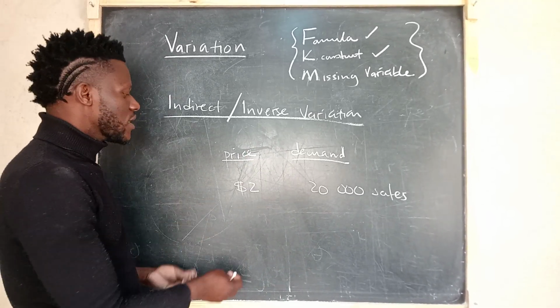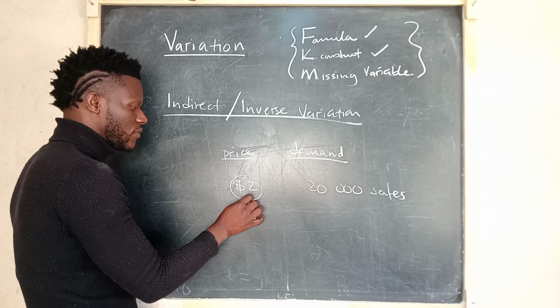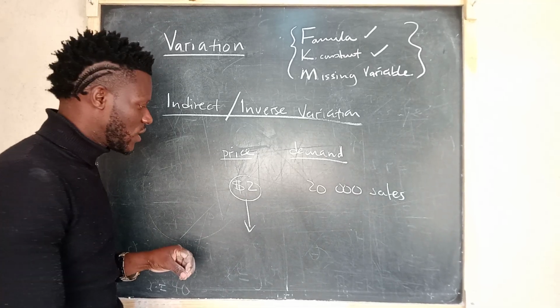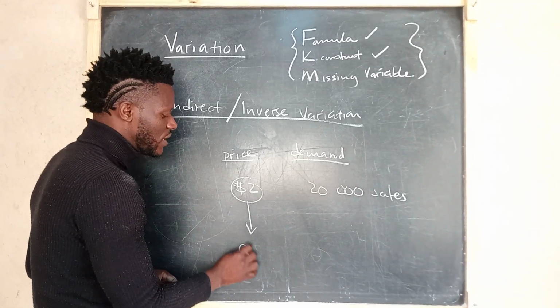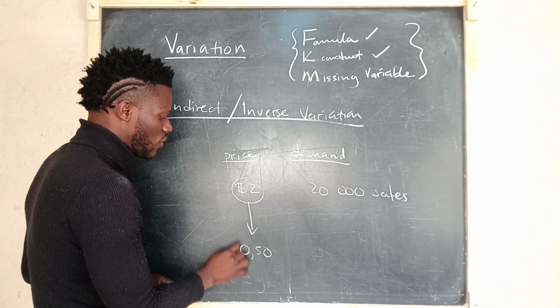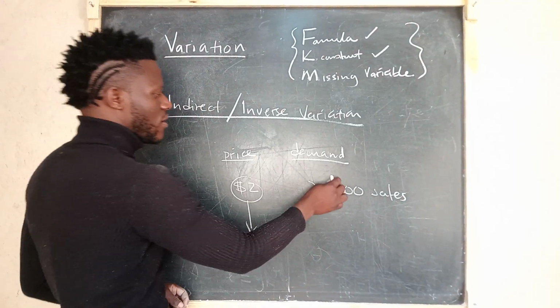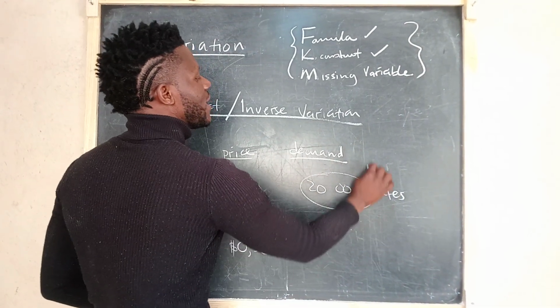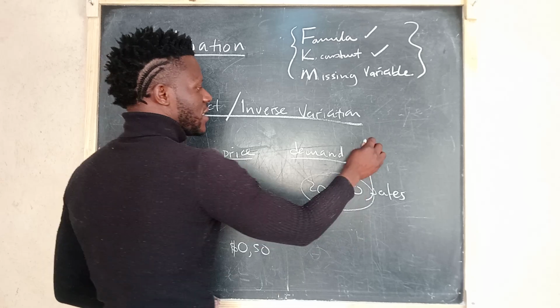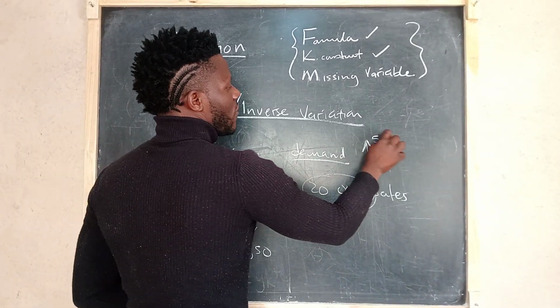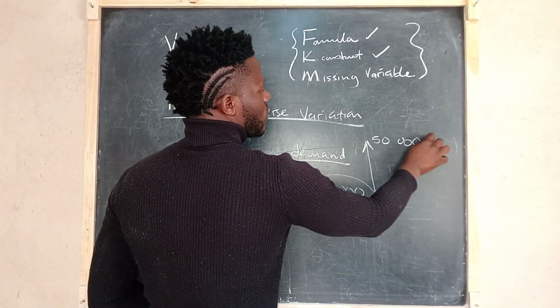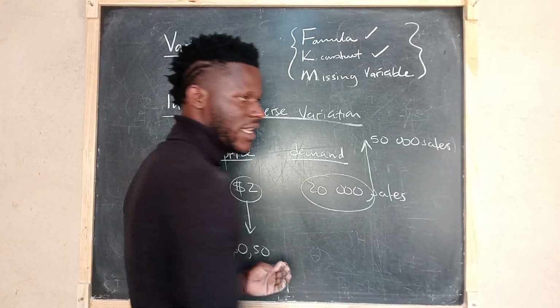If you reduce the price of the same packet of sweets to probably 50 cents, demand will respond through an increase instead. That is, maybe we'll be making about 50,000 sales of such packets.